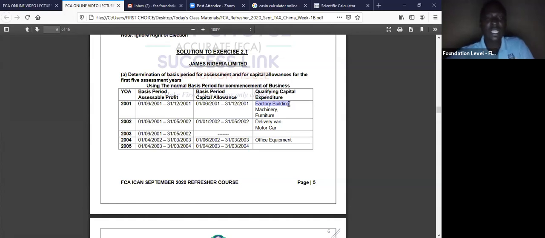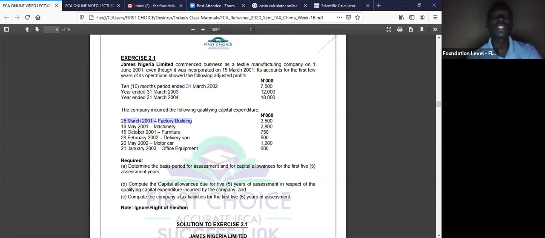The business started in June, and so anything you bought before the business starts, the tax authority deems it to have been bought on the day the business starts. So irrespective of the fact that it was bought on 25th March, the law sees it to have been bought on June 1, 2001.